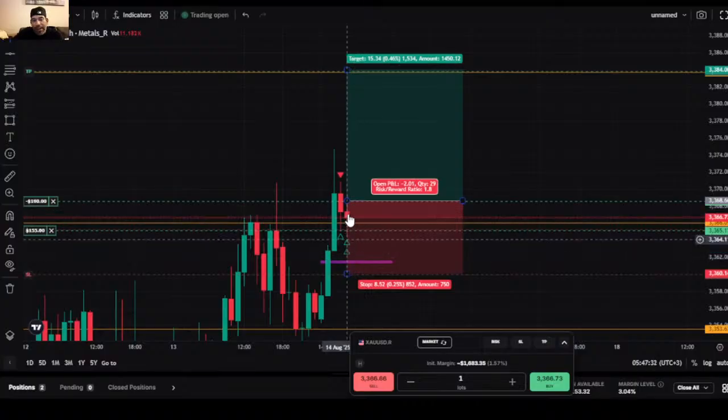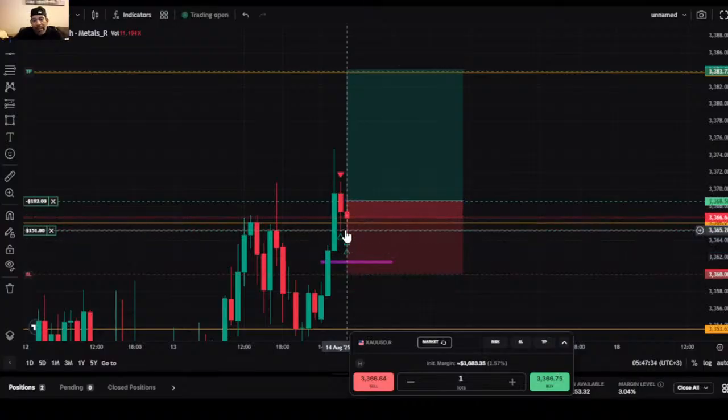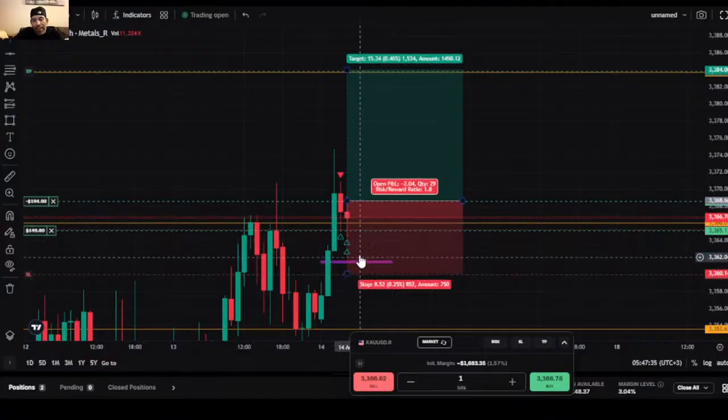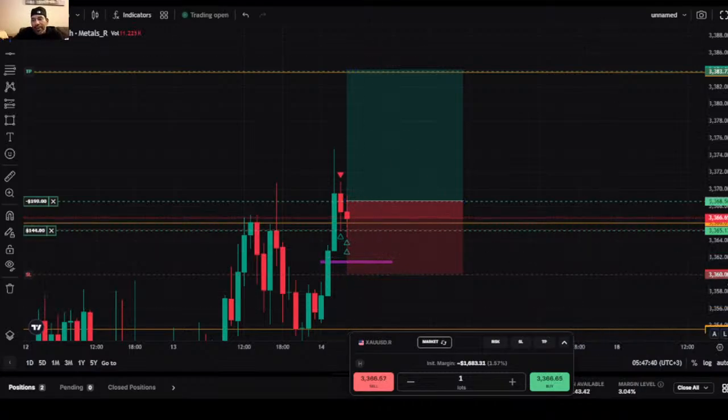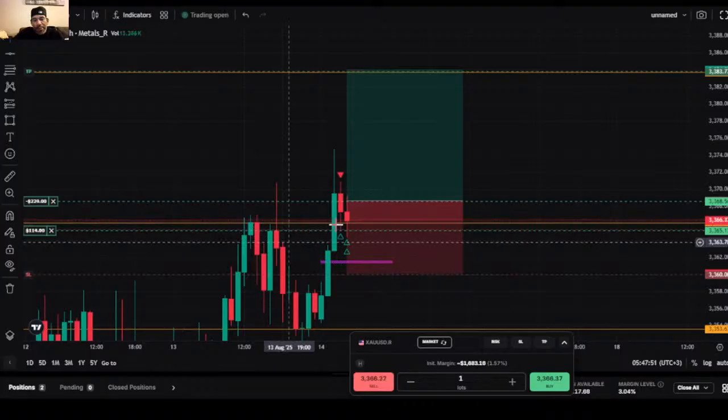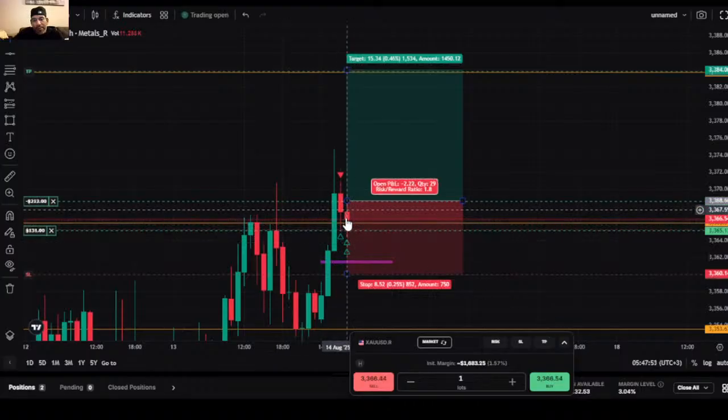If anything, if that was to happen to get stopped out at BE, it comes down a little further, I might look for another pineapple entry in this area here before we take off. But I'll let it play out and see. It might remain respecting this support now as well.